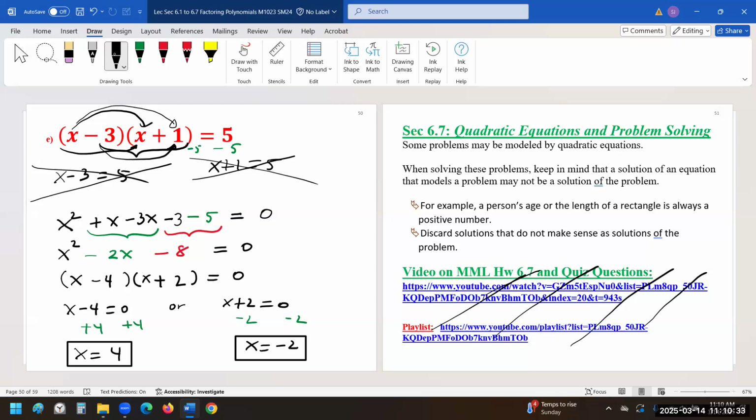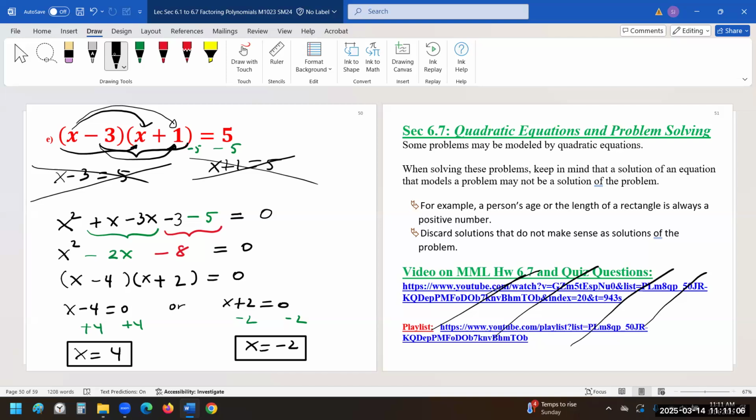6.7 talks about the real life problem of quadratic. When do you actually use quadratic in real life? Why do you care about solving them? We use them in many cases in our life. For example, when you throw something and it makes a curve.